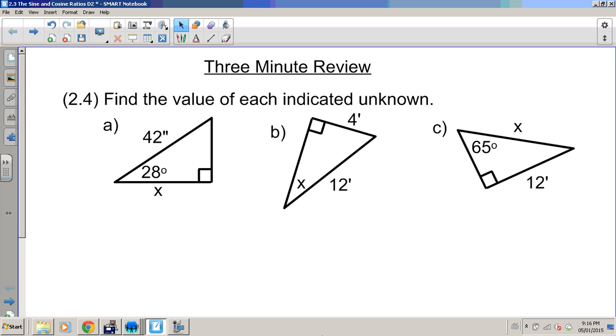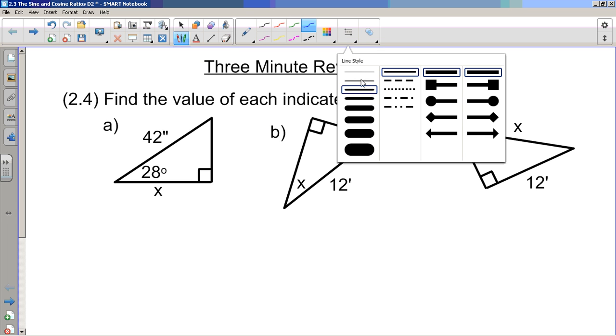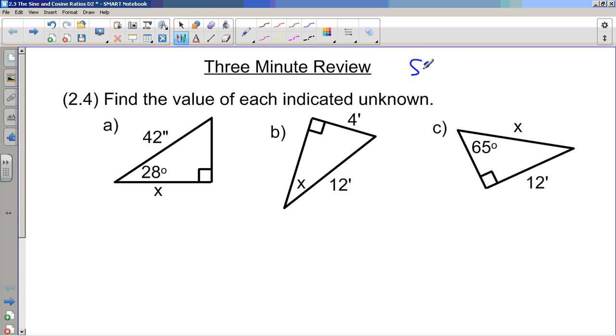All right, here we go. Find the value of each indicated unknown. Well, what's the magic word for these problems? We learned last class was SOHCAHTOA, right? That tells us which trig ratio we're going to write down. And so, how do we get going? Well, we have to figure out, with the given angle, which sides are we also given.